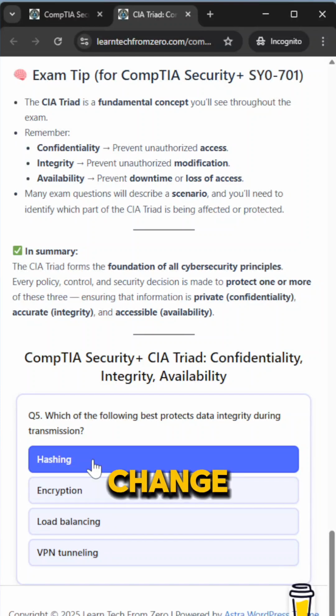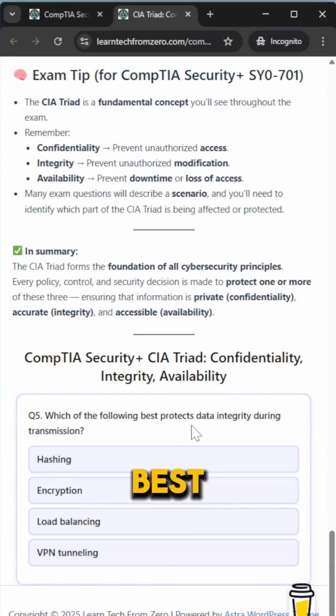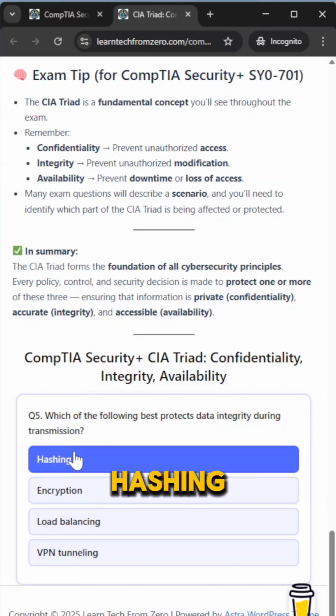If there has been a change in the information, say an extra dot, an extra number or an extra letter, it will change the hash. So to best protect data integrity, we can match the data when it's sent to us and when we receive it. If a hacker tried to read the data and manipulate it in transit and then send it to me, we can check it with the mechanism called hashing. So it has to be hashing, not encryption.